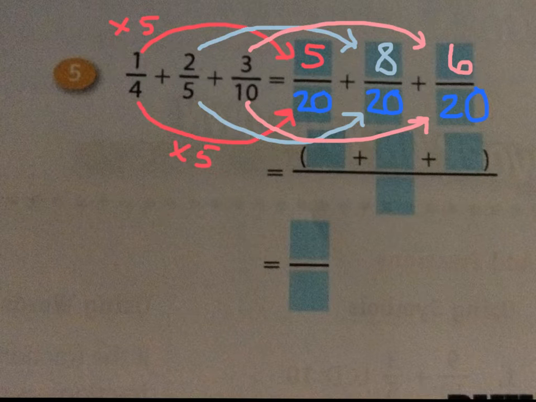All right, and then we just add those all together. 5 plus 8 plus 6. Remember, my denominator stays the same. All right, so what does that give me? 19. So my numerator is 19, my denominator is 20.